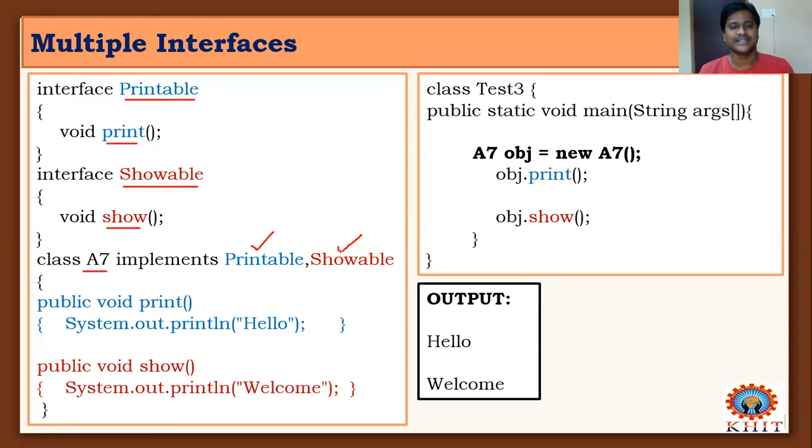That's why in the declaration of class A7, we separated these two interfaces using a comma, right?